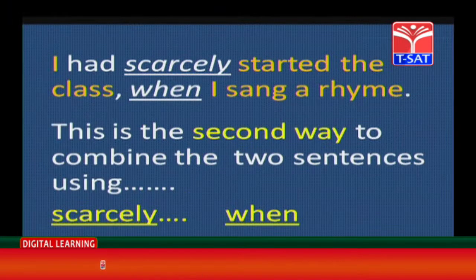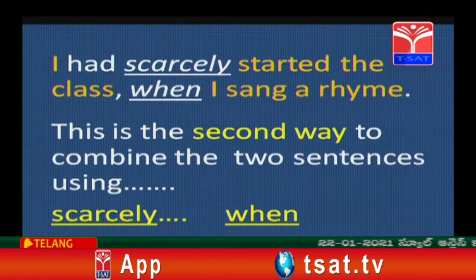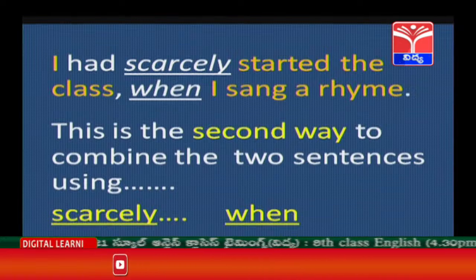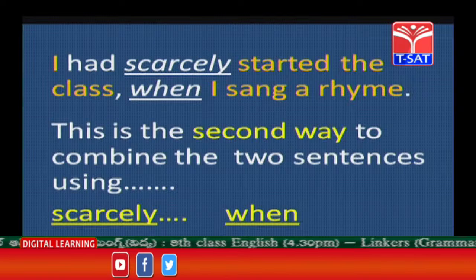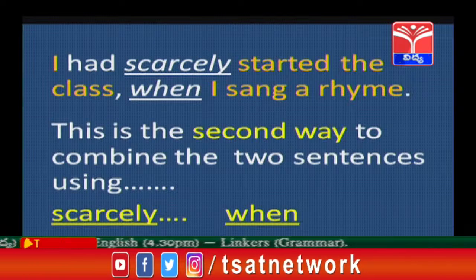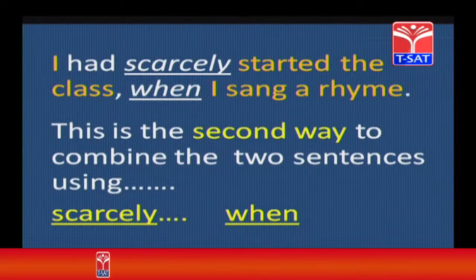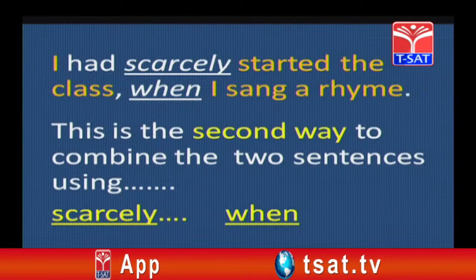I had scarcely started the class when I sang a rhyme. What did I do now? I kept had scarcely after the noun I, and I've kept when at the beginning of the second sentence.